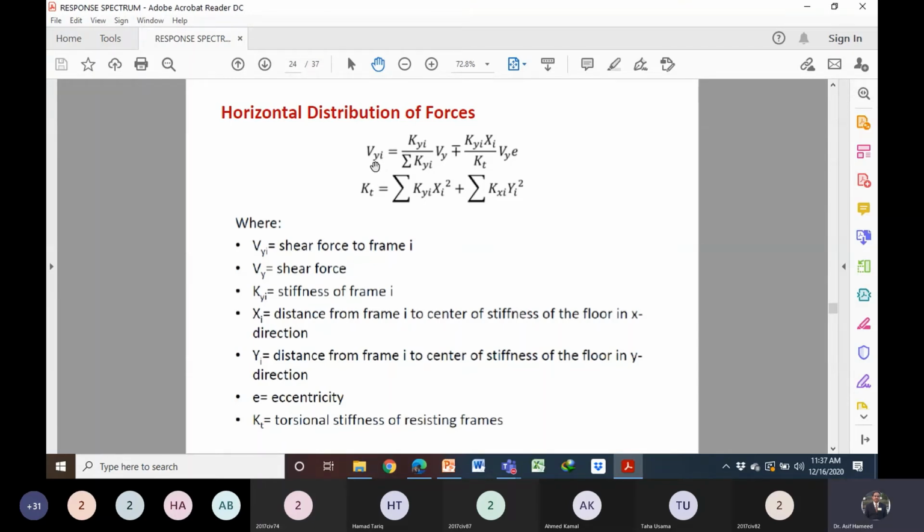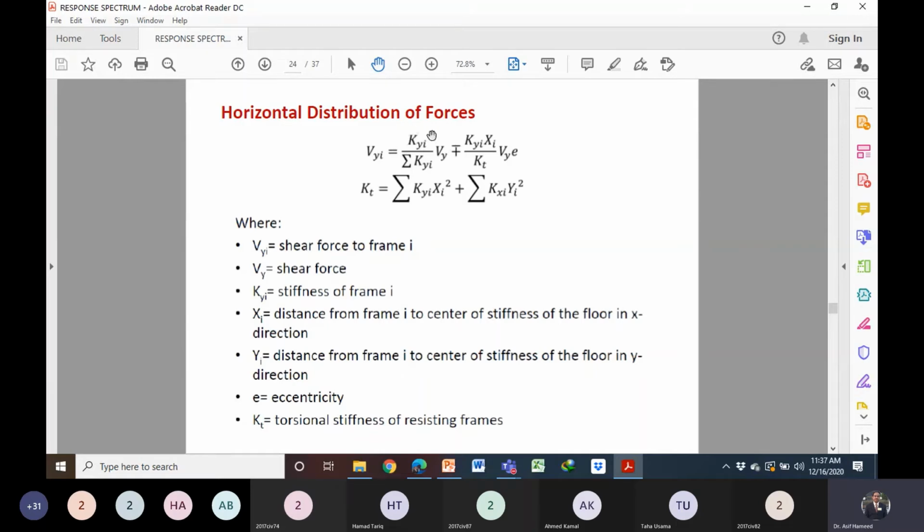We have 6 frames. In this particular case, stiffness and mass are everything the same, so we have uniform distribution of the forces. Sorry, not the lateral forces; we have to calculate lateral forces later on. This is the base shear at the base of each frame.